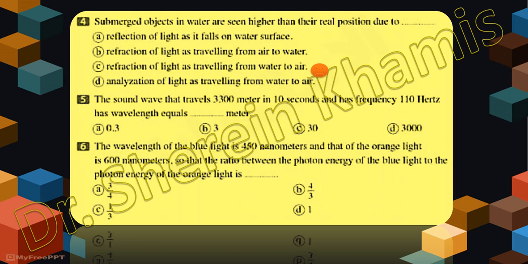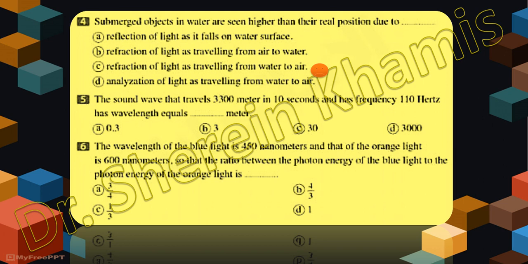Okay, let's go to question 5. The sound wave that travels 3300 meters in 10 seconds and has a frequency of 110 hertz has a wavelength equal to what, in meters. Velocity equals frequency times wavelength, lambda.